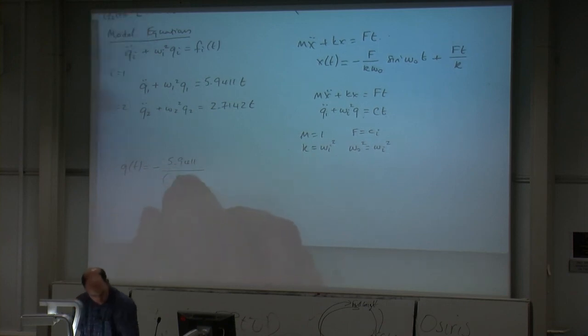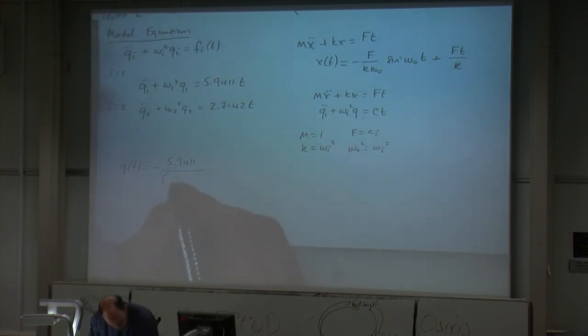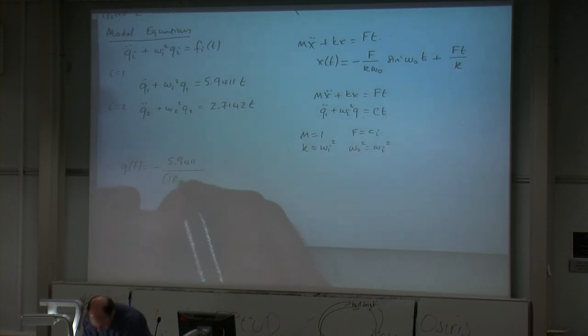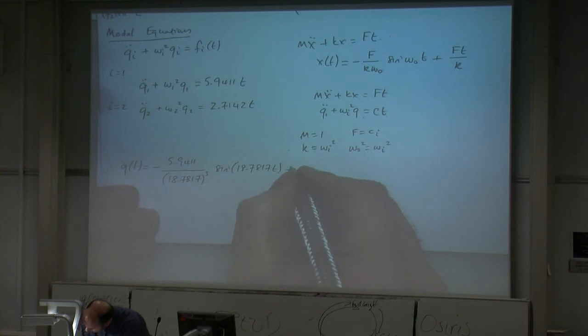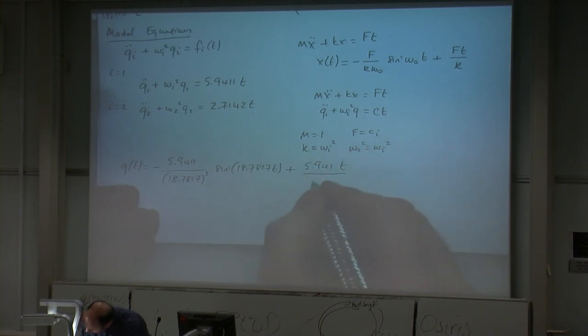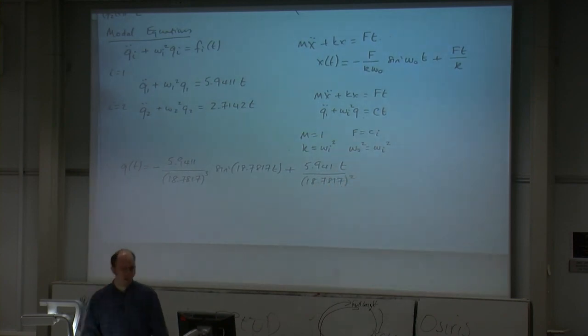Omega 1 we've got is 18.7817, cubed, times sine of 18.7817 times t, plus 5.9411 times t divided by k, which is omega squared, so 18.7817 squared. There's our solution for q1.